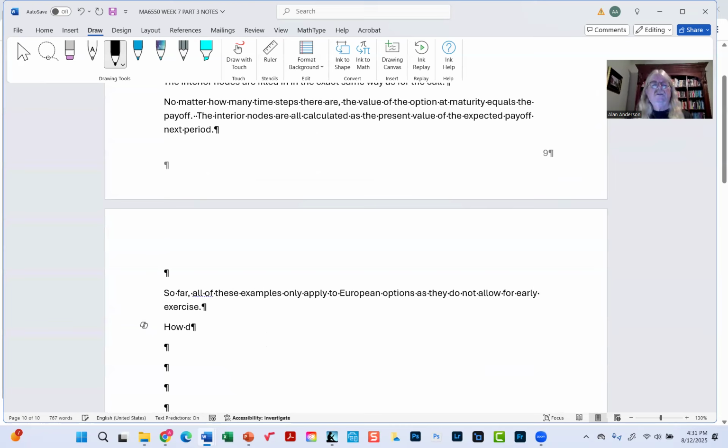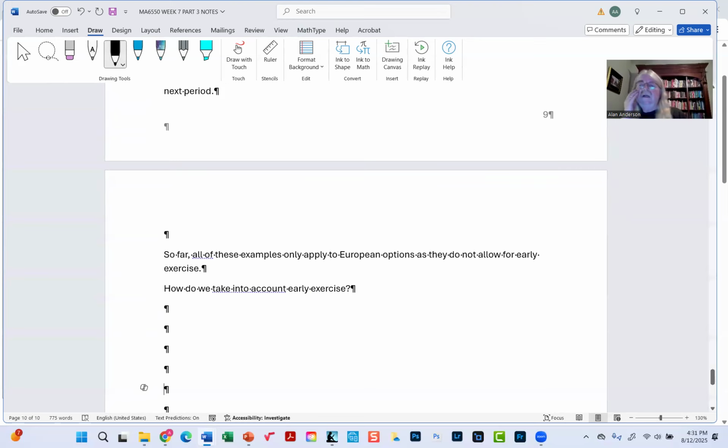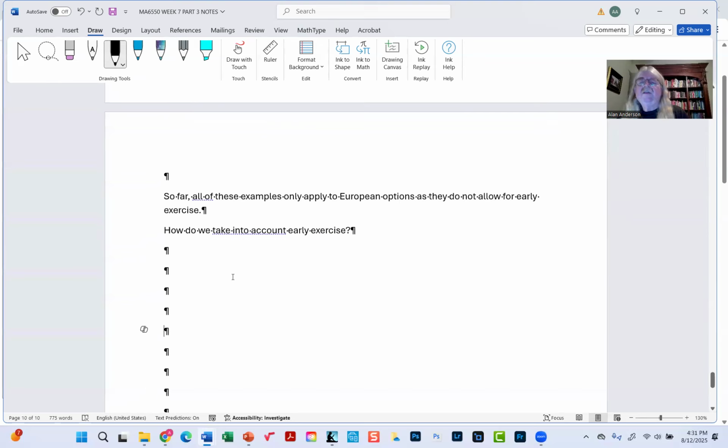How do we take into account early exercise? That's a very good question. Now that of course depends on whether it's a call or put.